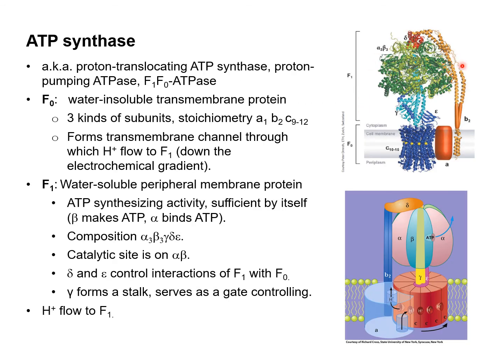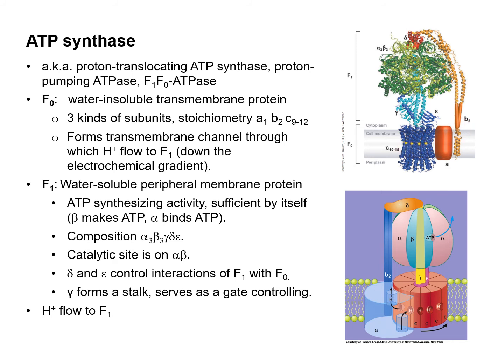ATP synthase is also called proton translocating ATP synthase, proton pumping ATPase, or F1, F0 ATPase, because it has two portions. The one is F0, which is a water-insoluble transmembrane protein that is bound on the inner mitochondrial membrane, and it has three kinds of subunits, and its stoichiometry is A1, B2, and C9 to 12.